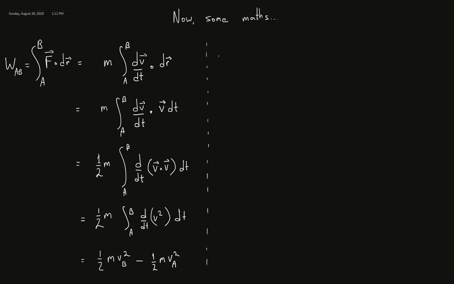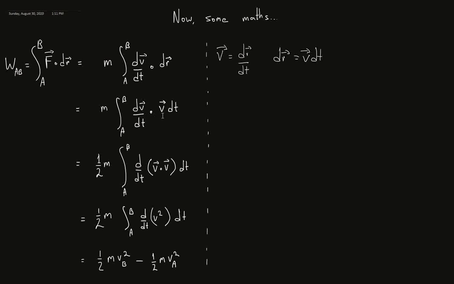Because you know that the velocity of a particle is defined as v equal to dr/dt, then you can write dr equal to v dt. If you plug that into this equation here, you have the integration from A to B of dv/dt dot v dt.